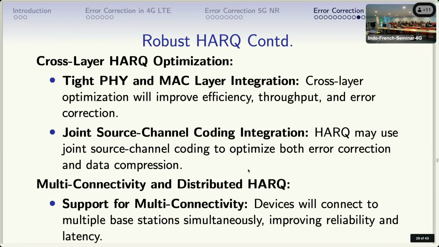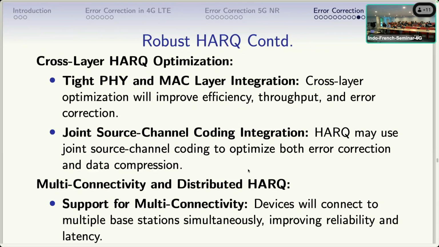And this is one part, how we can integrate the physical layer and the MAC layer, so that it will help to achieve efficiency and throughput. And also HARQ will try to address joint source channel coding integration.